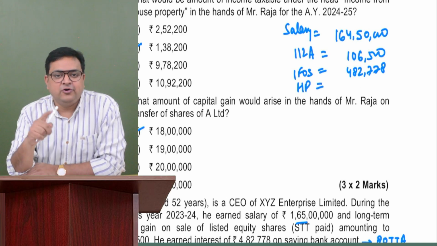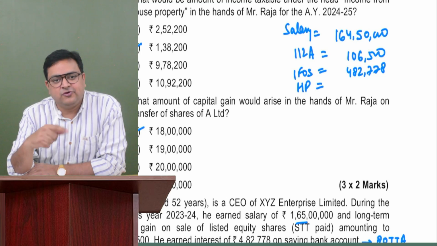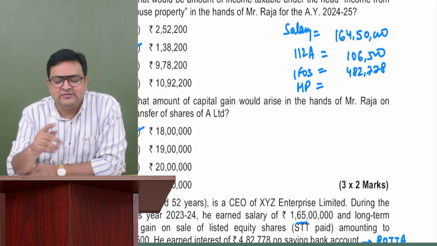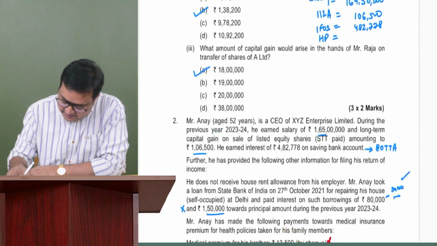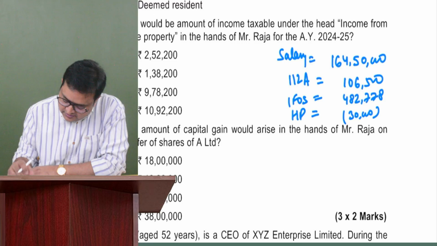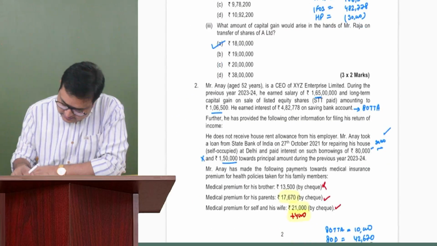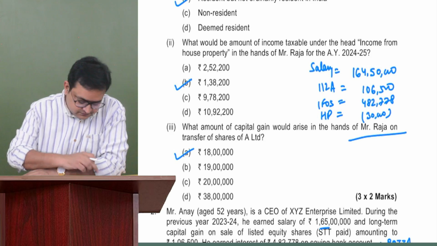This person is following the optional regime. So here we can set off house property loss from other income, maximum up to 2 lakh rupees. We have only 30,000 rupees, as we have seen over here. So 30,000 is the loss. And that's it. Let us see what his GTI is.